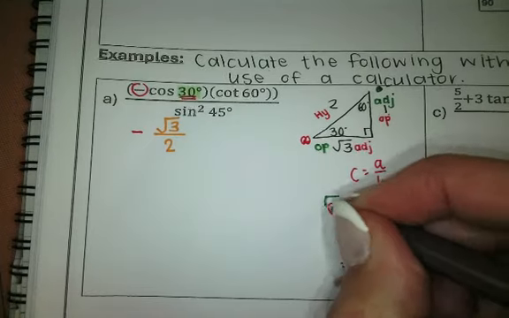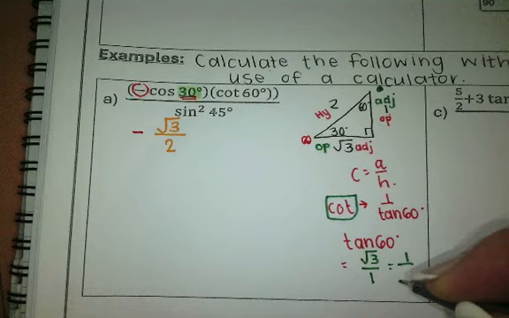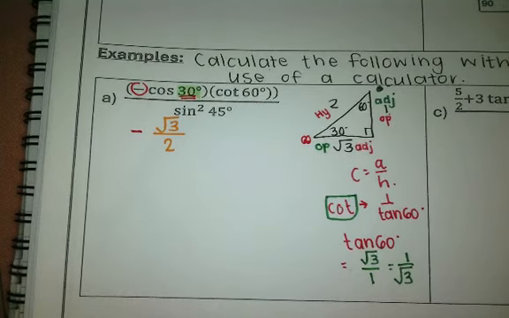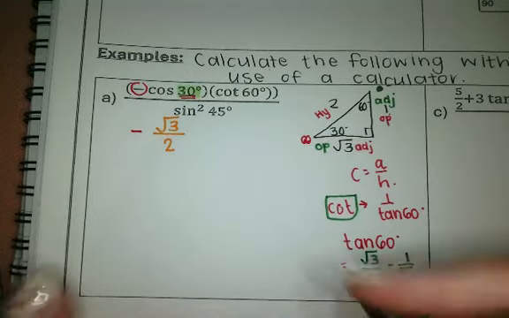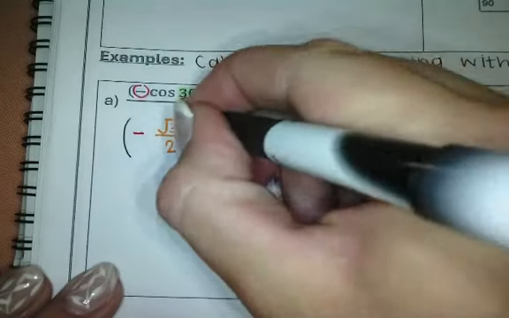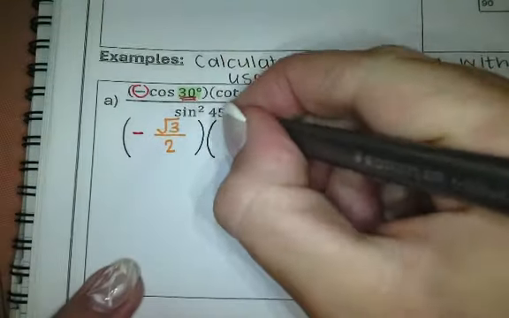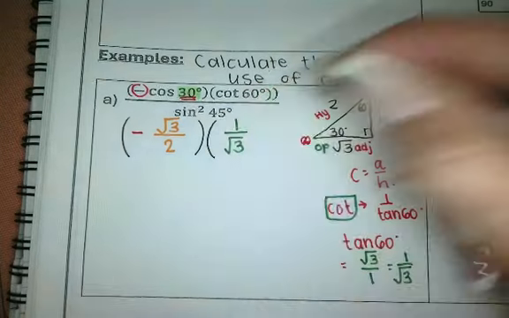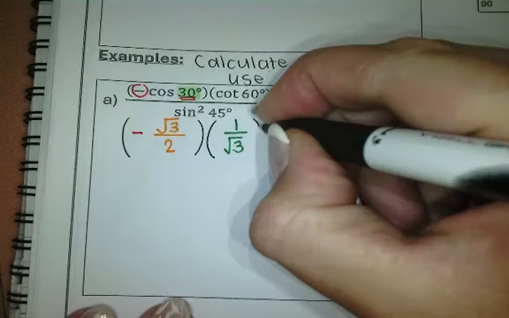But because we're working with cot, which is the reciprocal, we're going to change it to 1 over square root 3. So cot 60 is 1 over square root 3. Are you guys okay?